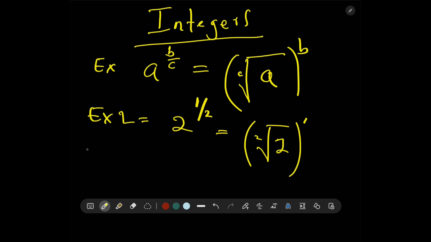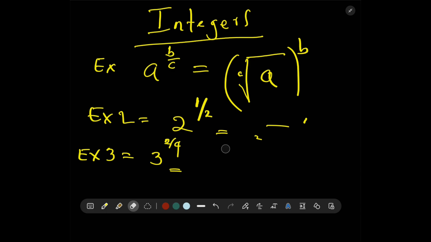So another example, 3 raised to the power 2 over 4. You write that as your root right here. Your 3 is going to be on the inside, your 4 is going to be right here, and you're going to have your 2 at the top right here. That's how you write that, okay?